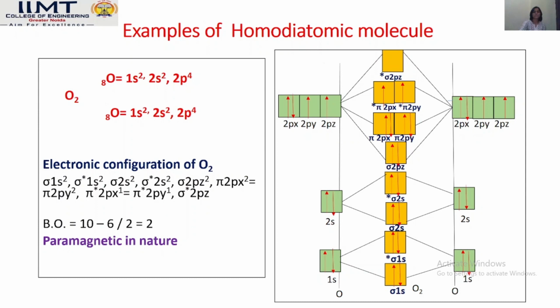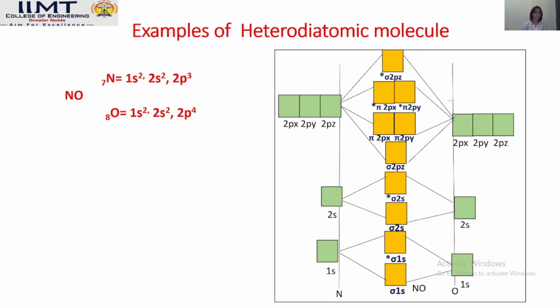As the diagram shows, it contains 10 electrons in bonding molecular orbitals and 6 electrons in antibonding molecular orbitals. In the last orbitals, pi star 2px and pi star 2py, it contains 2 unpaired electrons, so its nature is paramagnetic. Coming to some examples of heterodiatomic molecules.